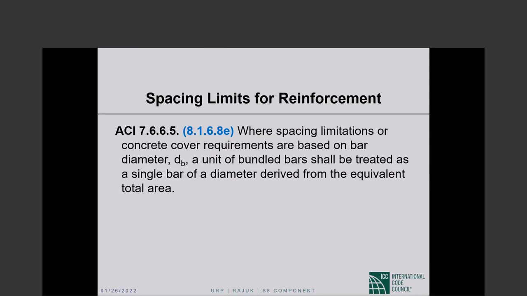So pi by 4 d squared shall be the total area of the 3 bars in the bundle. I think this language is clear. So the spacing of 1 bar diameter would mean the equivalent diameter of the bundle.